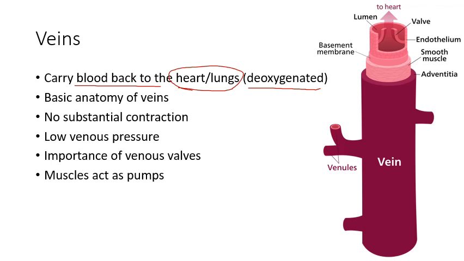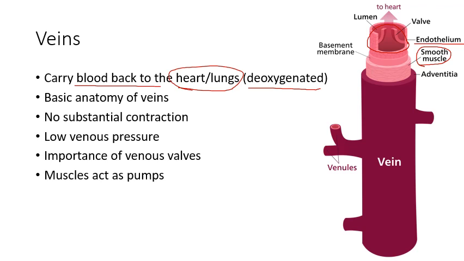It has the inner part, the endothelium, and this differs from arteries by these venous valves that we're going to look into. The middle part is smooth muscle tissue, just like in arteries, but in veins this smooth muscle layer is much thinner and it has no contraction in the same sense that arteries do.